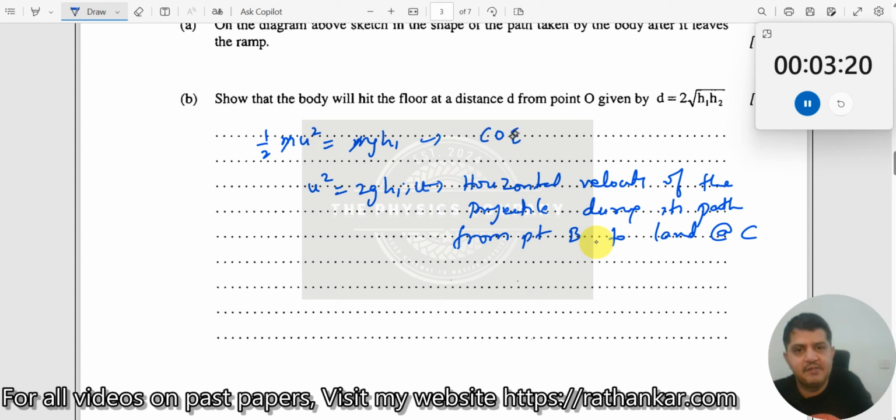We applied conservation of energy for the path A to B. We have done this also here.